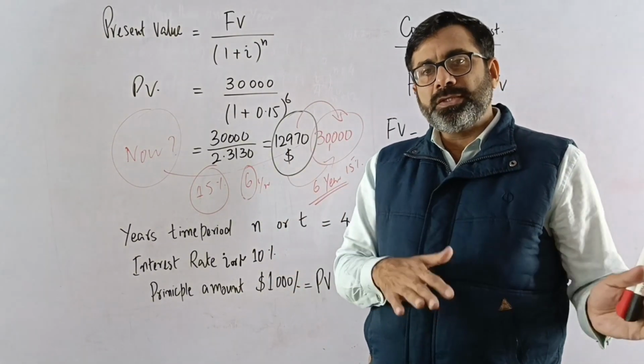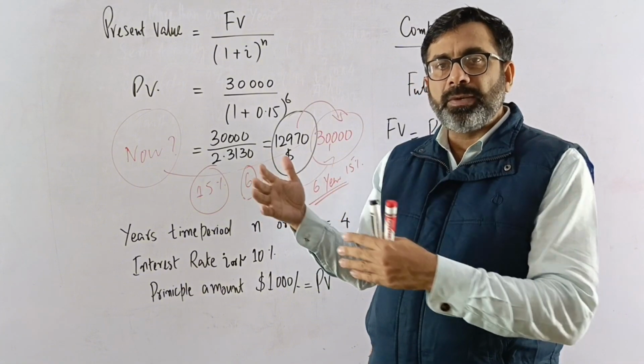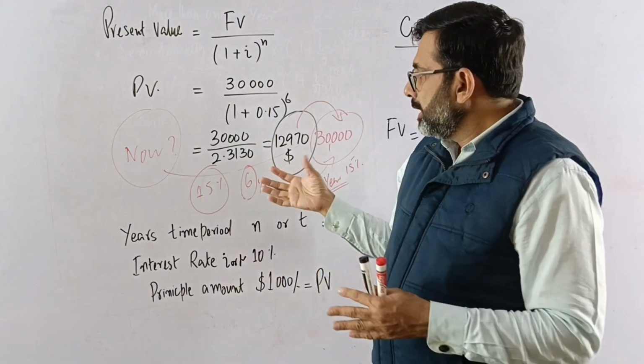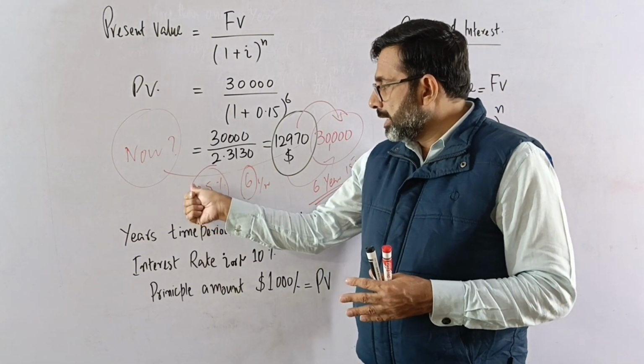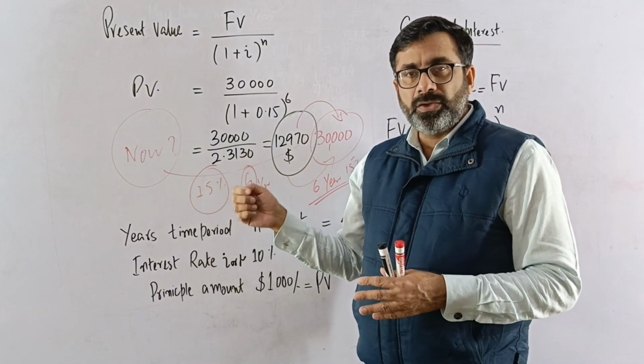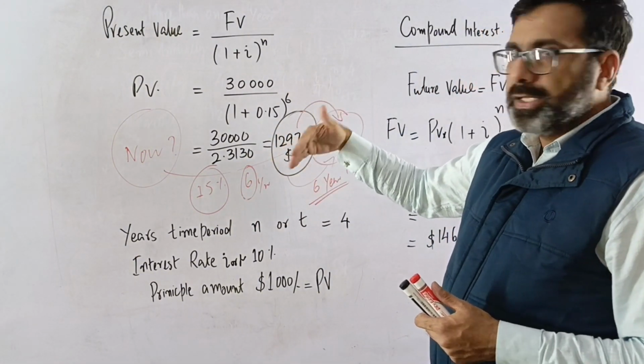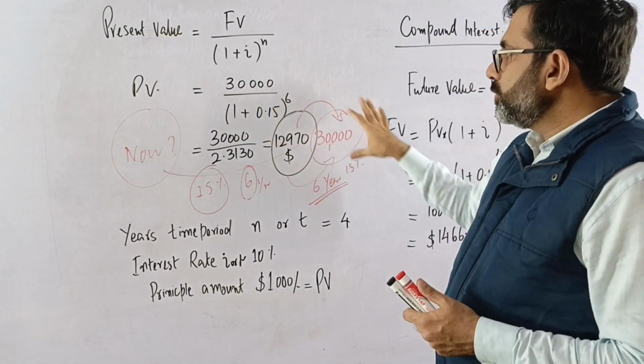We will discuss that concept in detail when we discuss the capital budgeting present value techniques, or net present value techniques. But here you should simply understand the meaning of the present value: how much you have to invest now so that after 2, 3, 4 or 6 years you get your target.